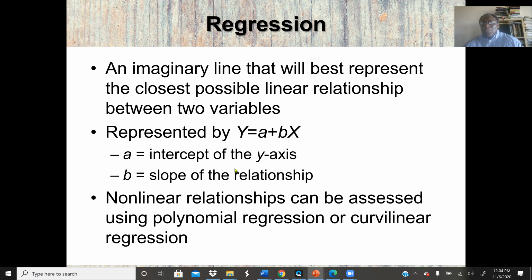A is our intercept of the y-axis, b is the slope. A nonlinear relationship can be assessed using, for example, polynomial regression or logistic regression or curvilinear regression. Most software applications provide all these types of regression.